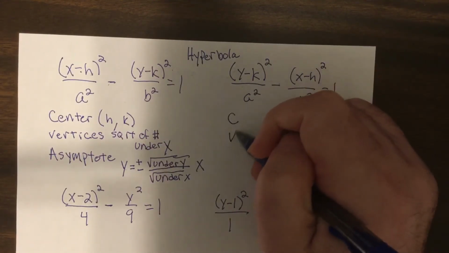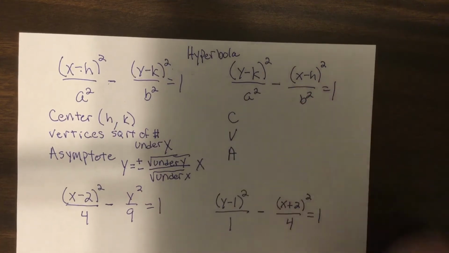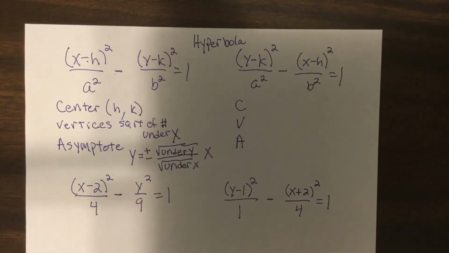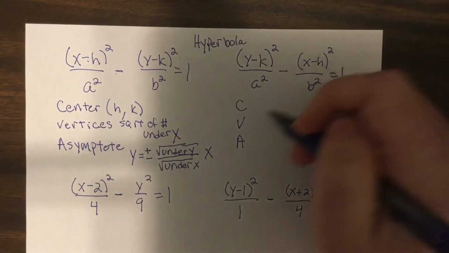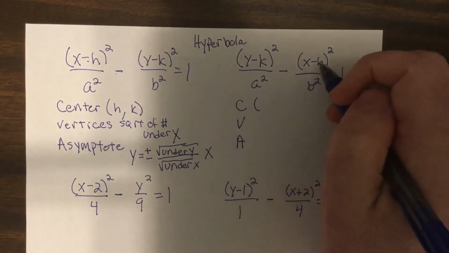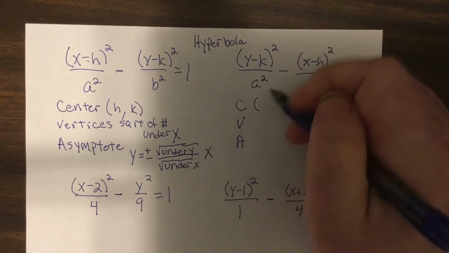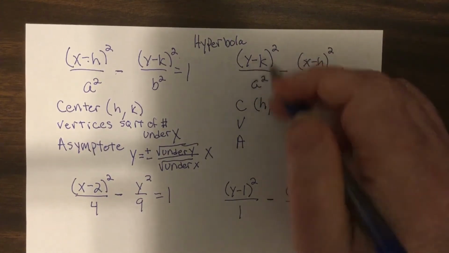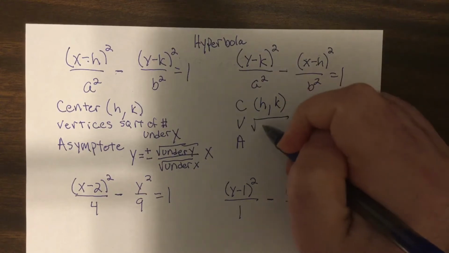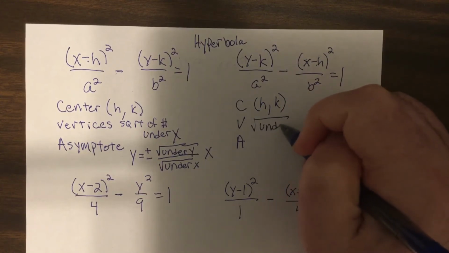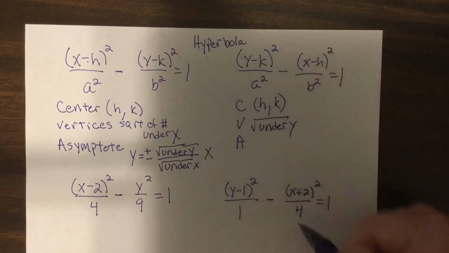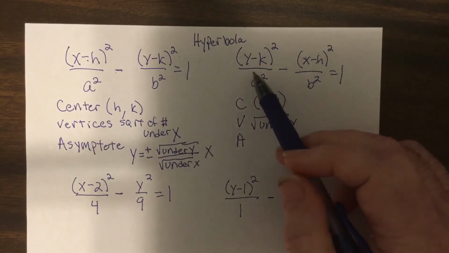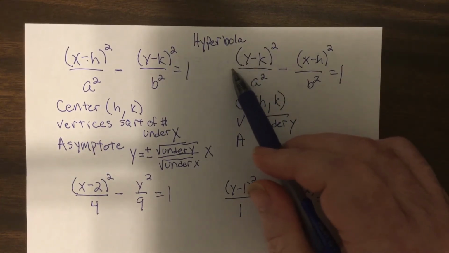Now this one. So for the hyperbola, I call it the CVA. CVA. So we're looking for the CVA. Now again, the center is always HK even though X is over here. And in this case, the vertices are going to be the square root of the number under Y, because the Y doesn't have the minus in front of it.